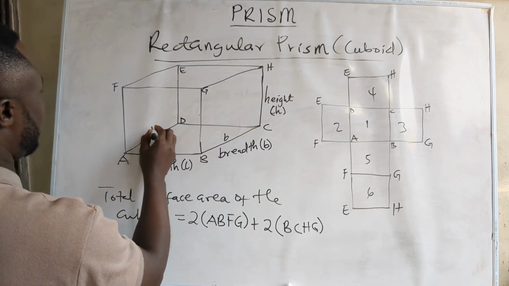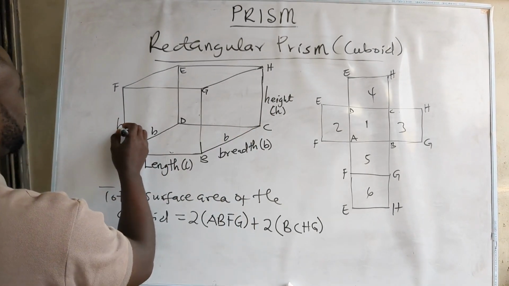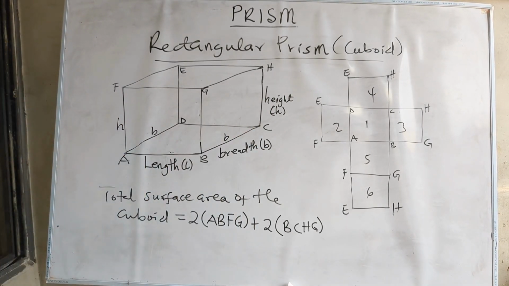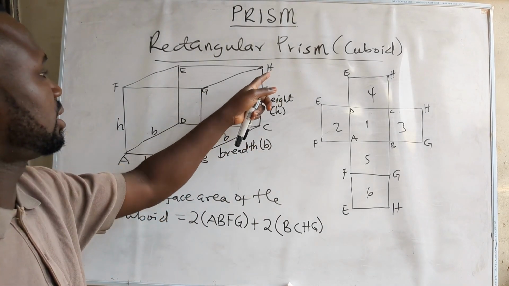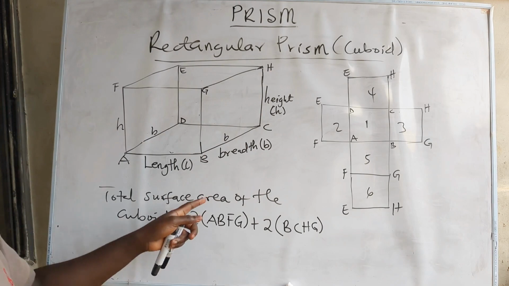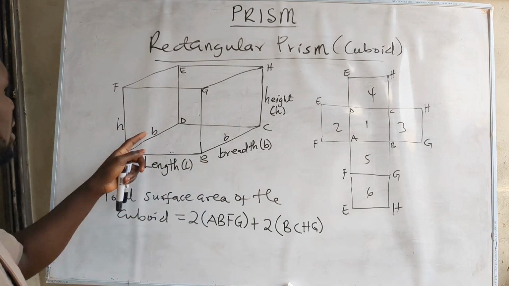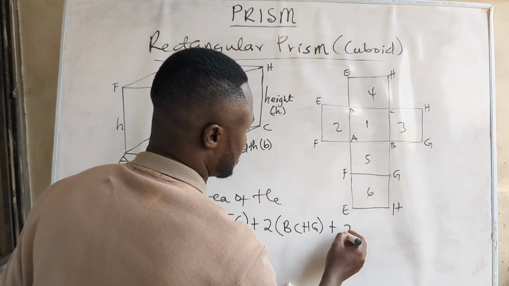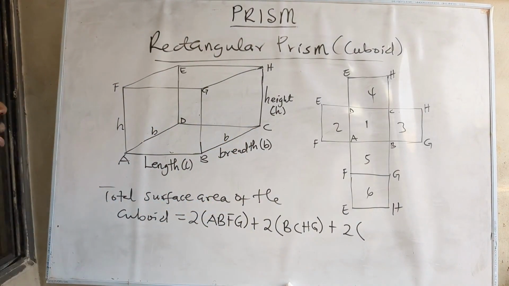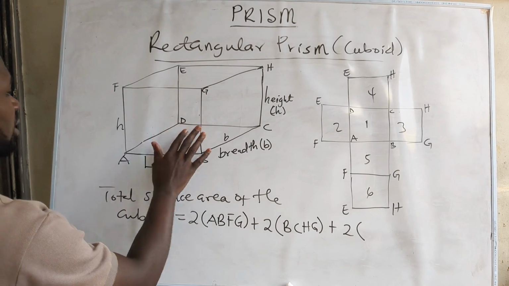Look, here is also the breadth, and here also becomes the height. So the face BCHG is also the same as ADEF. They are also the same. Then plus 2 times what? 2 times.